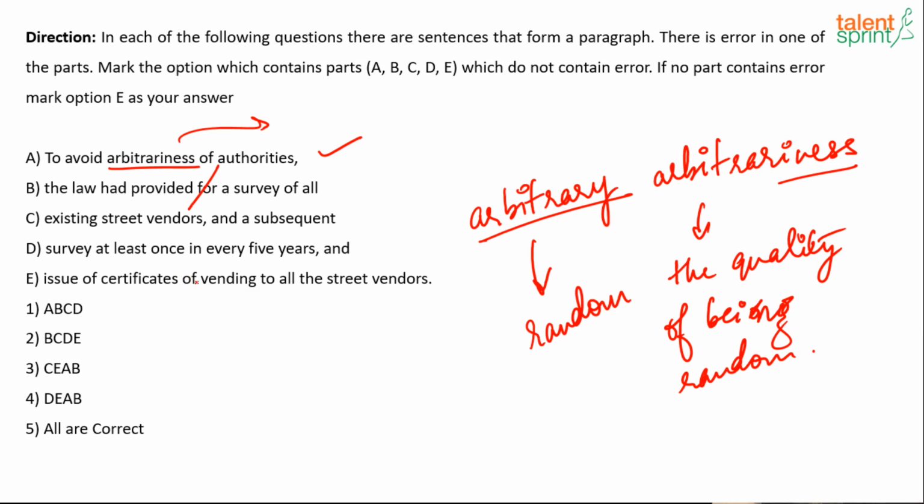Then the law had provided a survey of all. Okay, that is, I think, now I think that is a typo error because all the options have B in it, so definitely B will not be the one with the error.